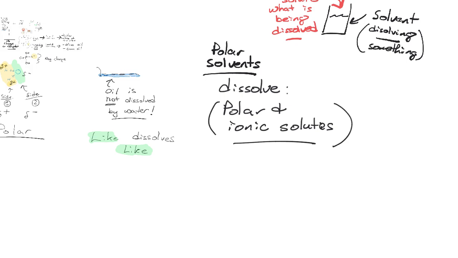What do I mean by ionic? Something with a full charge. A molecule or an atom with a full charge, a full negative or a full positive. What do I mean by polar? Something with a partial positive or partial negative. Are we good with this?